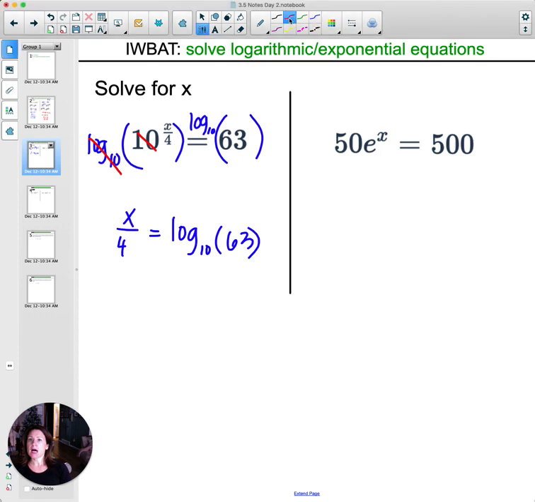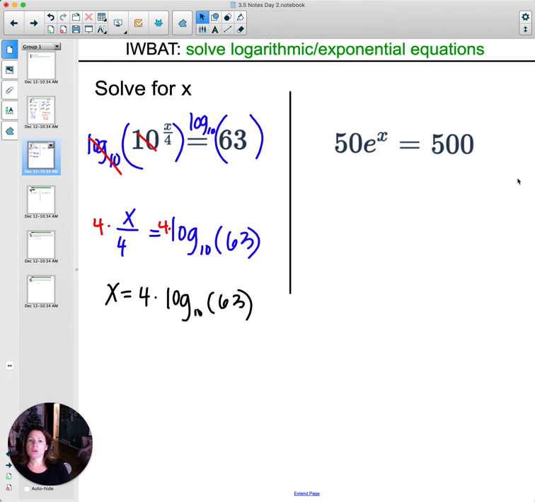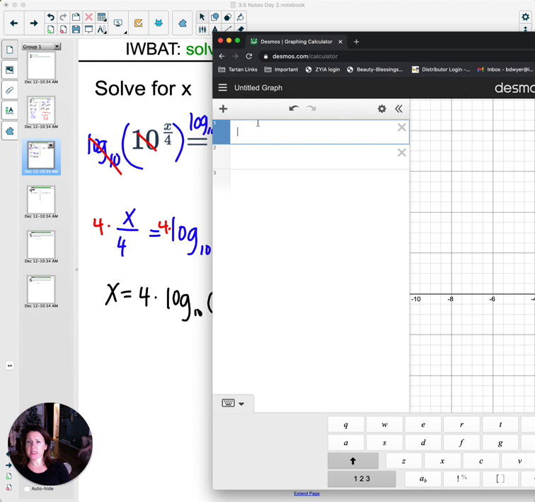On this side, we're just going to multiply by 4 to both sides. I would write it out front of the log so it doesn't get confused with that 63. So you end up with x equals 4 times the log base 10 of 63. What we don't want to do is multiply this 4 inside of the logarithm. You can't bring anything into there. Now when you go to evaluate this, this is a base 10 logarithm, so we're just going to be able to type in 4.